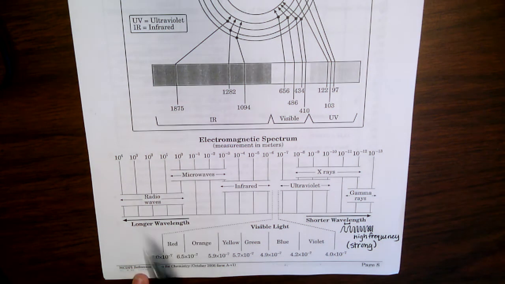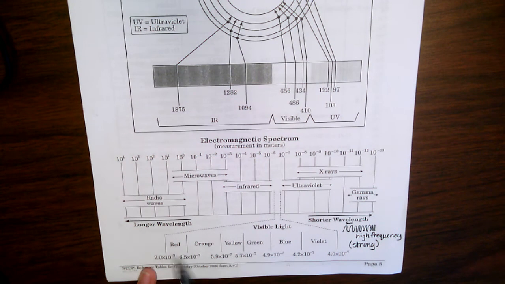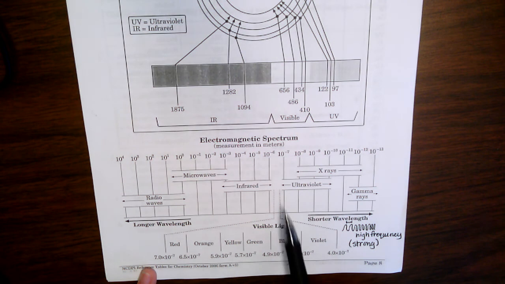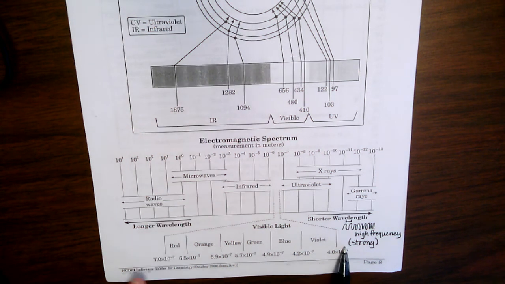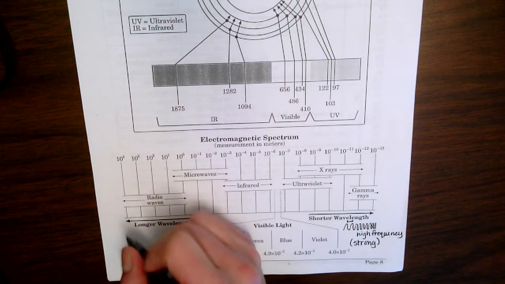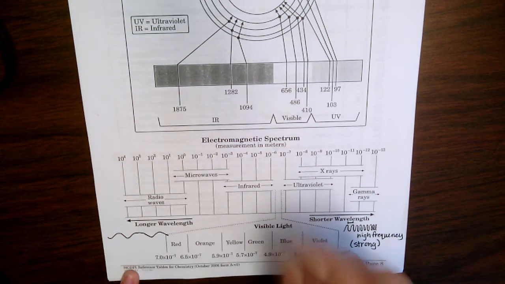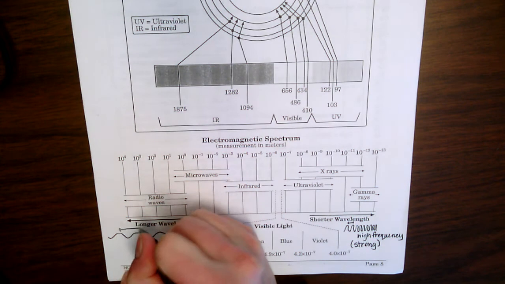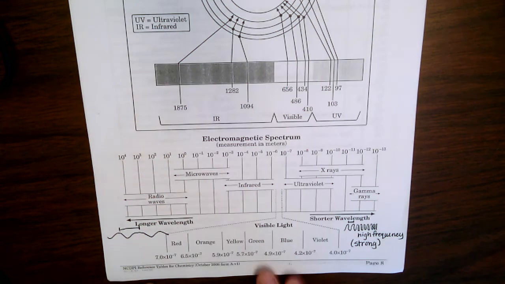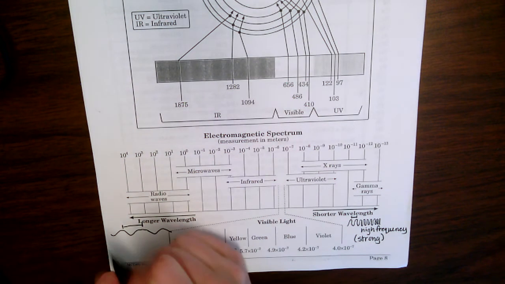Visible light kind of separates the weaker waves from the stronger waves. That means the violet light is the strongest of the visible lights because it's over here by the stronger waves. Over here we have the ones that have a longer wavelength. Wavelength is just peak to peak. So these are going to be low frequency waves.